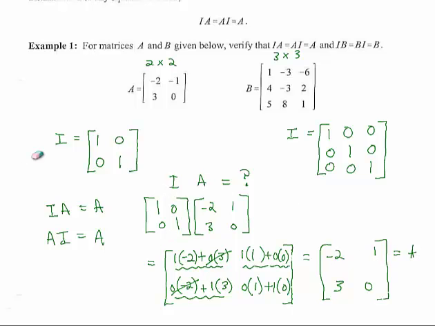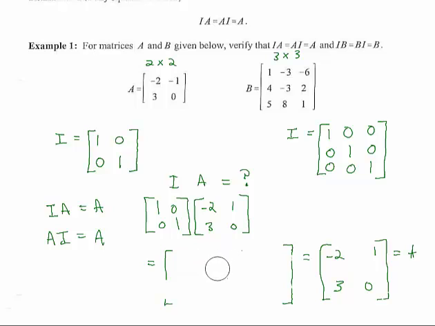Alright, what if we do it in the reverse order? Will we still get A like we're supposed to?